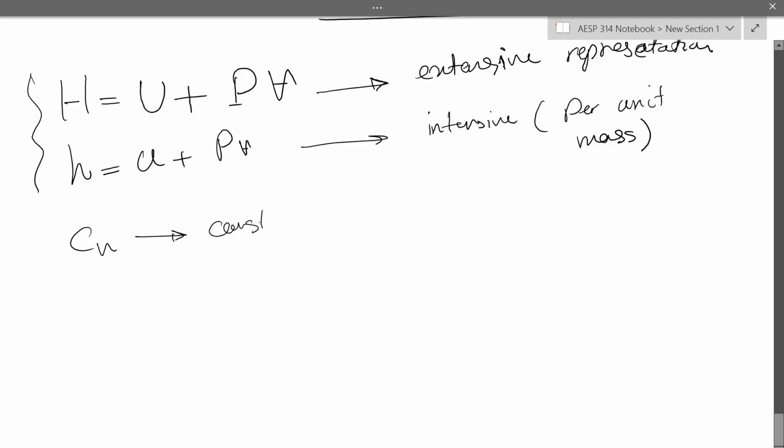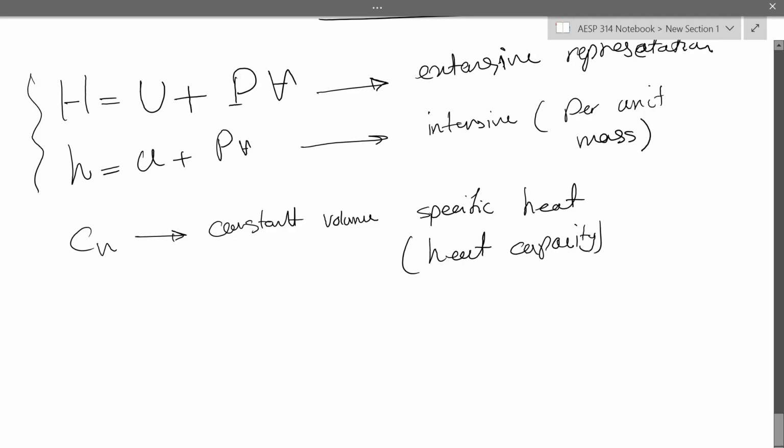That's constant volume specific heat capacity, C_V, or constant pressure, isobaric, specific heat.